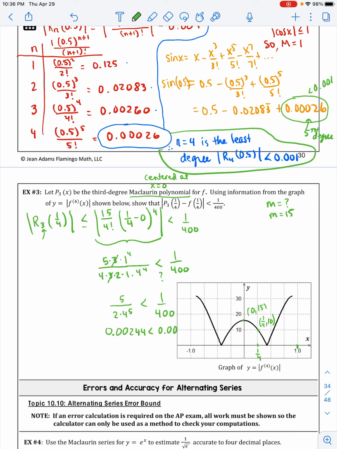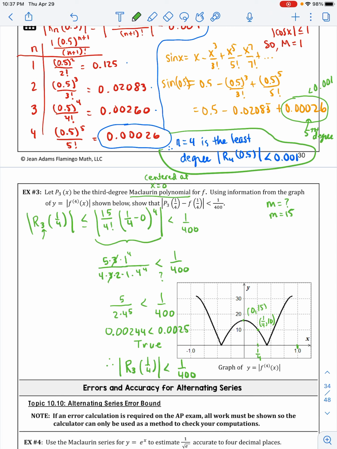Go ahead and pause the video and let's see if you can get these same values that I'm getting. 0.00244 is less than 0.0025. And yes, that's true. The 0.0024 is less than 0.0025.